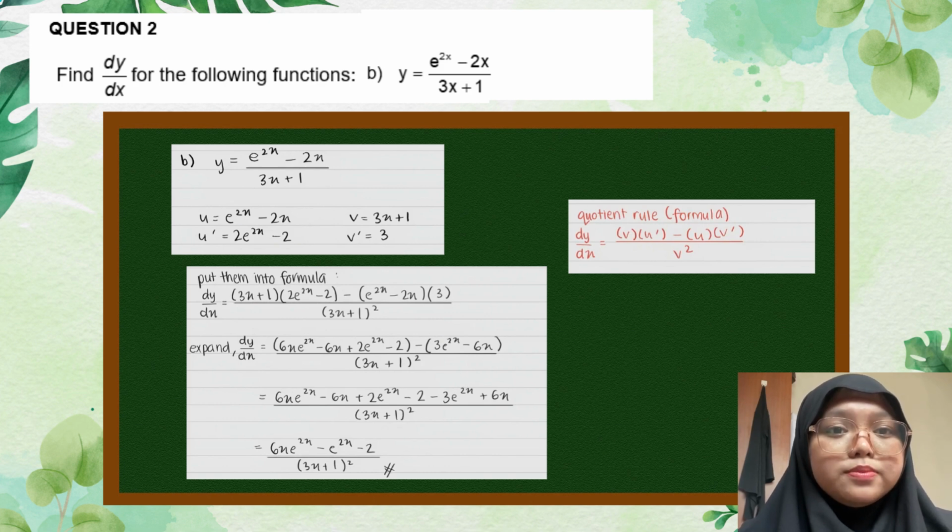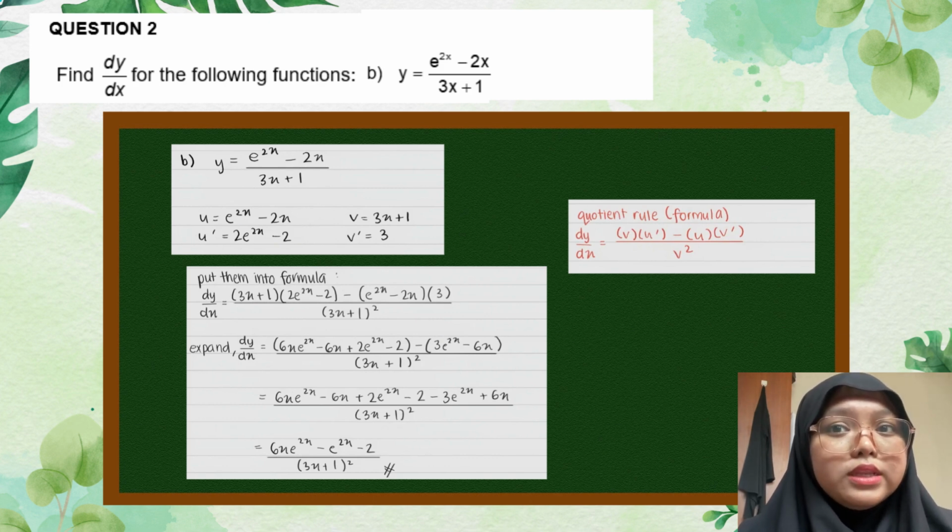And then we need to put them into the formula and we will get dy over dx equal to 3x plus 1 times 2e to the power of 2x minus 2 minus e to the power of 2x minus 2x times 3 over 3x plus 1 to the power of 2.